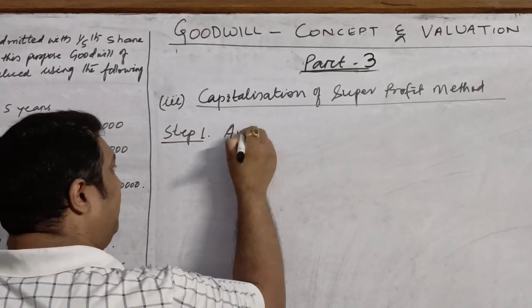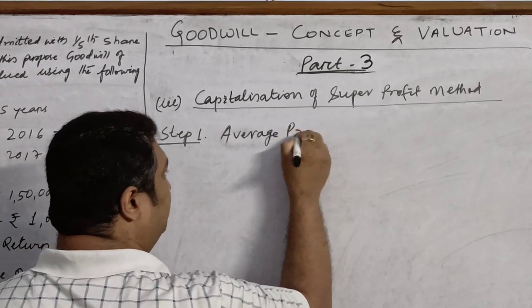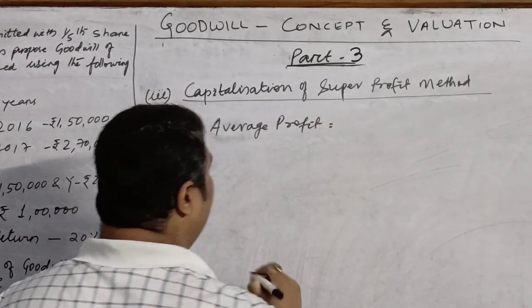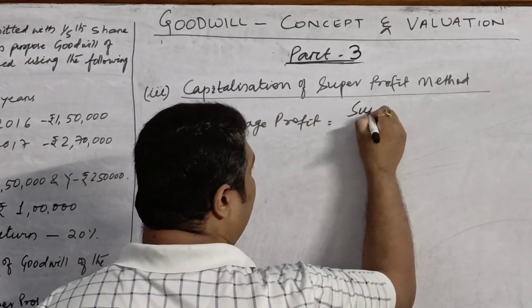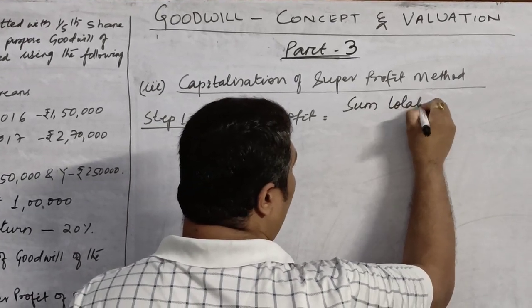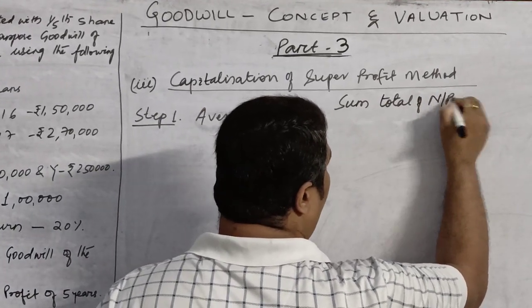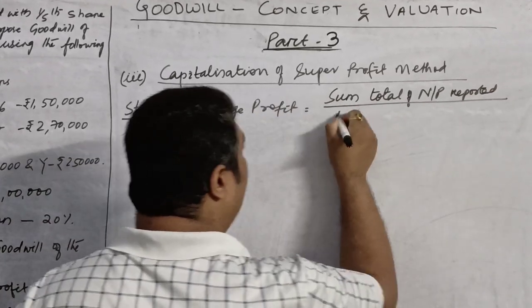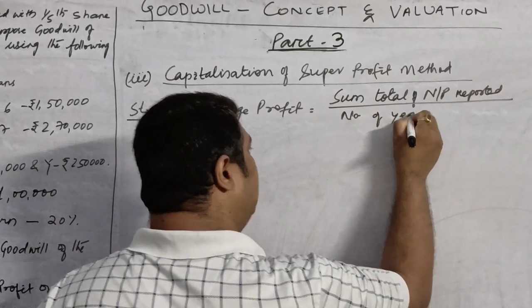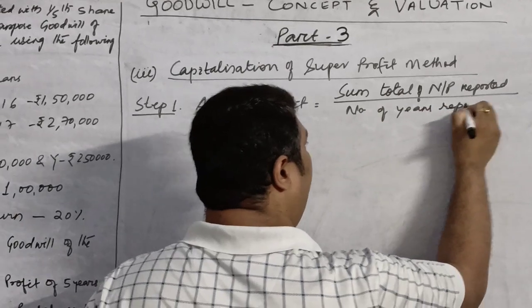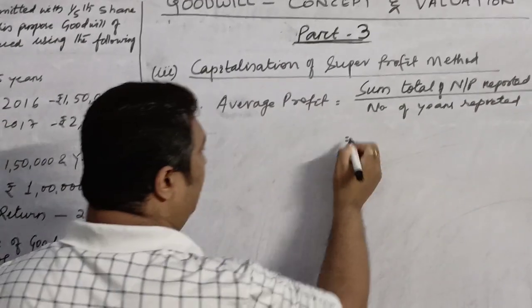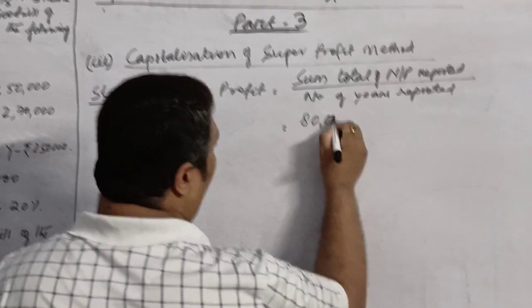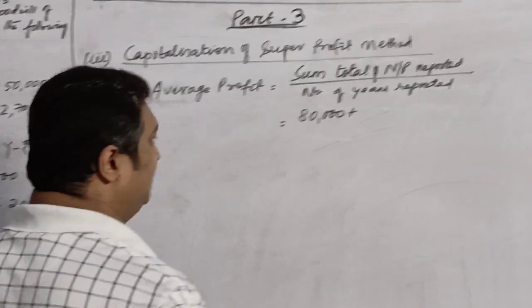The first step is to calculate the average profit, and to calculate this average profit we had discussed the formula: sum total of net profit reported divided by number of years reported. Over here we will add the profits of all the 5 years which are mentioned in the question.